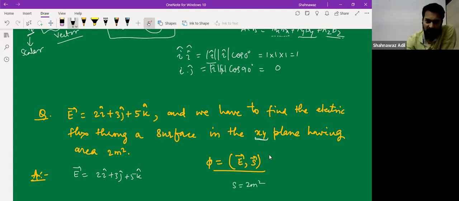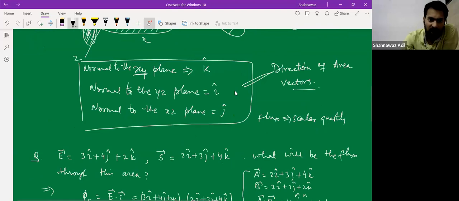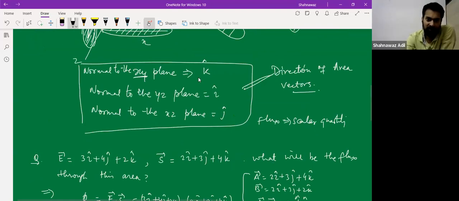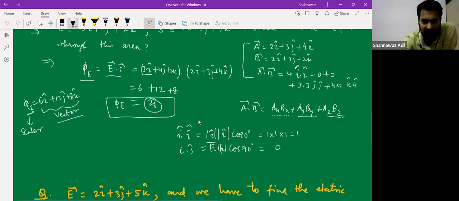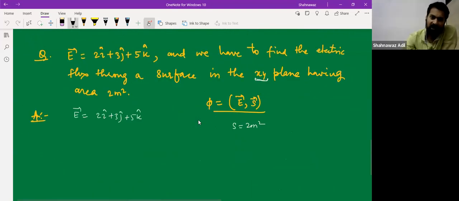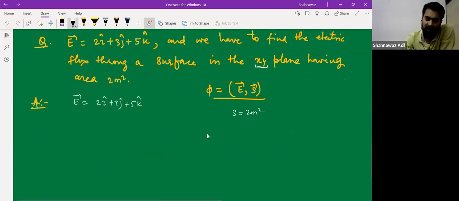So what would be the normal to the XY plane? We discussed this. The normal to the XY plane would be the K vector, right? So S vector will be 2, and what will be the direction? Will it be I, J, or K hat?